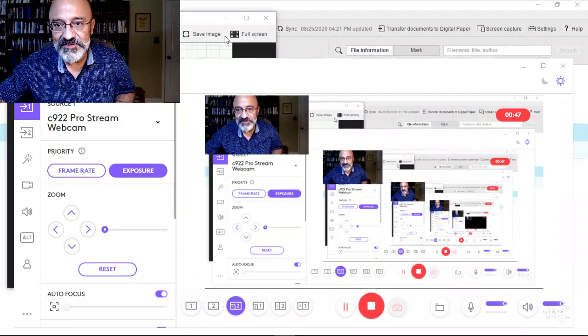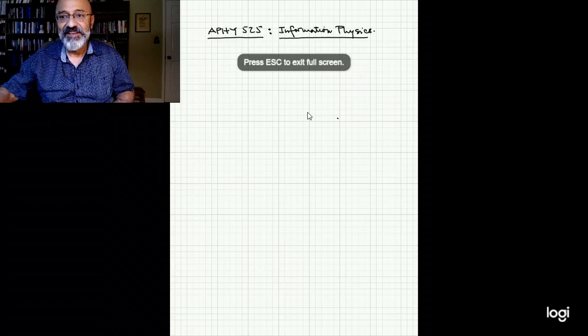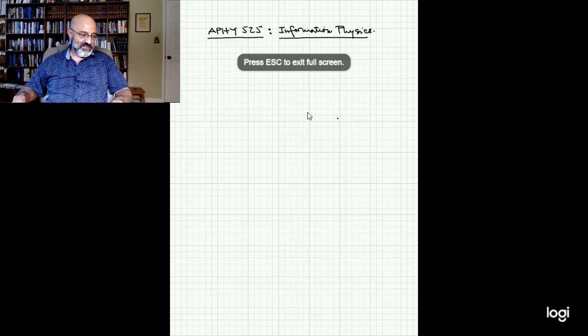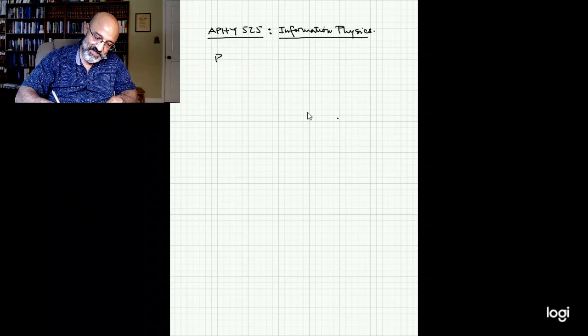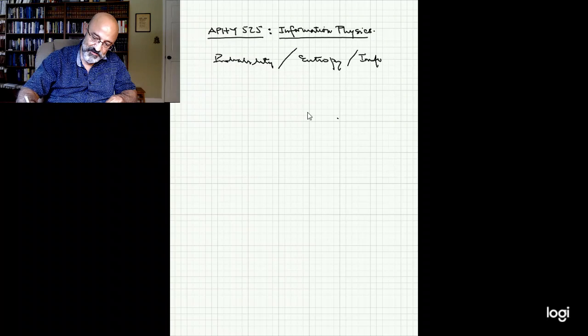Let me switch over to my tablet so that we can start writing down. The course is about probability, entropy, information, and how we apply all of this to the very foundations of physics.